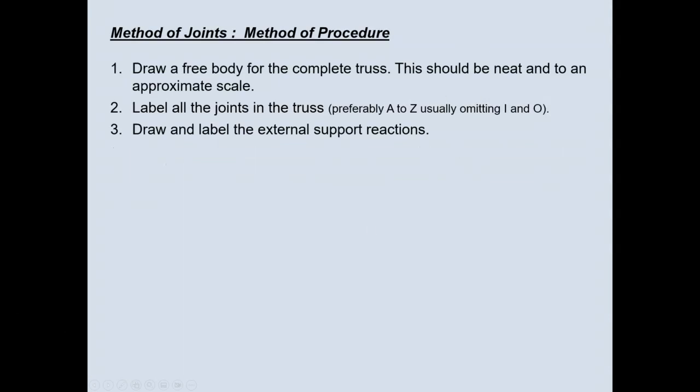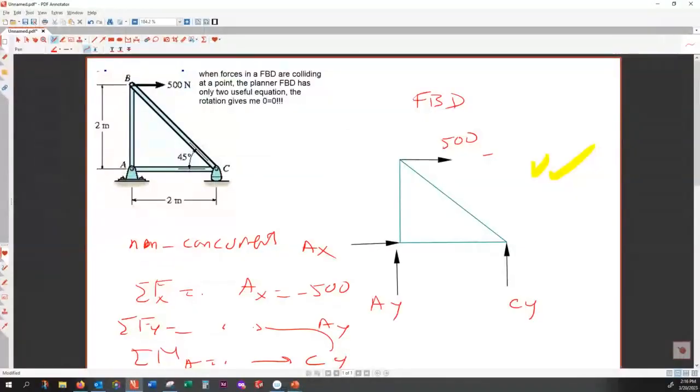Let's go back to the previous example. In the previous example, if I ask you what are the forces in BA, BC, you don't need to solve the entire structure. Simply by one step, doing the method of joint at B, that is enough to give you the forces in BC and BA. For that, you don't need to know the reaction at A, you don't need to know reaction at C. Does that make sense?